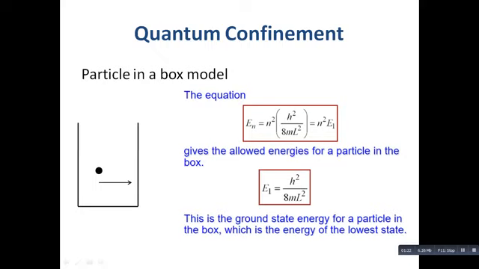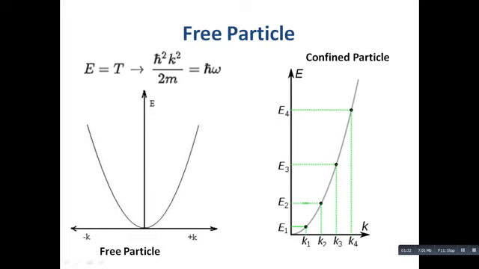So next, here a comparison has been done between the energies possessed by a free particle and confined particles. For a free particle, the energy value E is equal to h bar squared k squared by twice m. Therefore, this energy value for a free particle has the shape of a parabola.